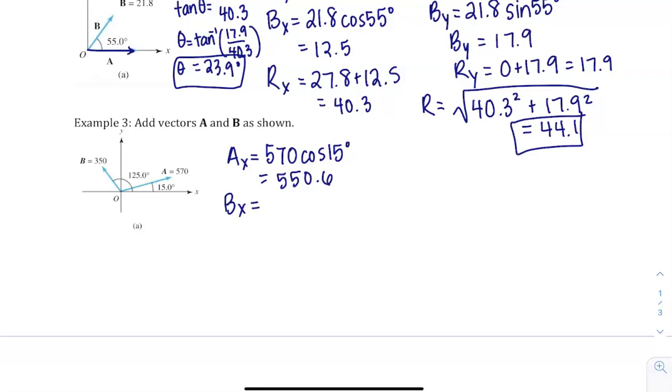We'll go ahead and do the Bx. That's 350 times cosine of its angle, 125 degrees. And it should be no surprise, it's in the left direction, so getting a negative here is appropriate.